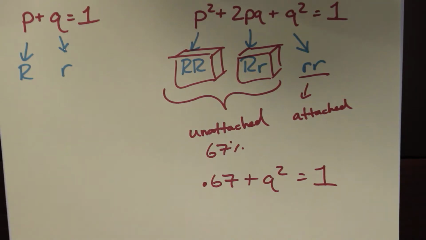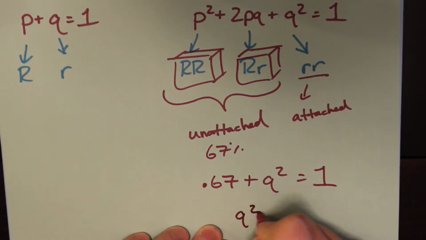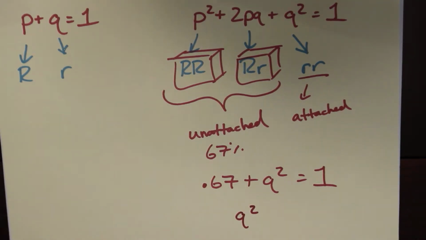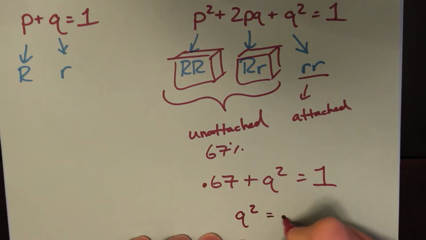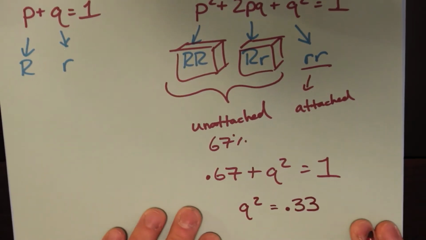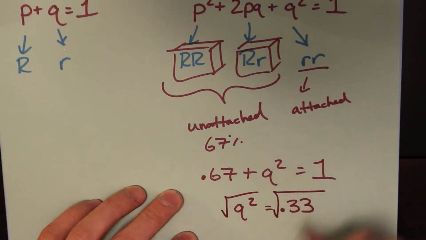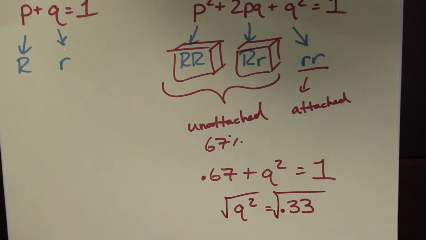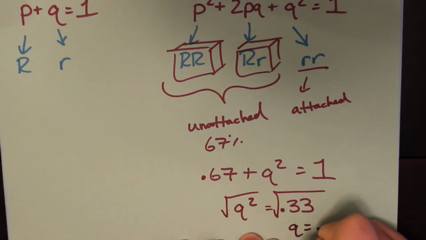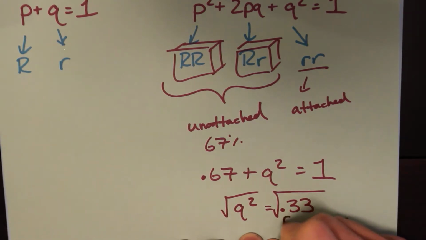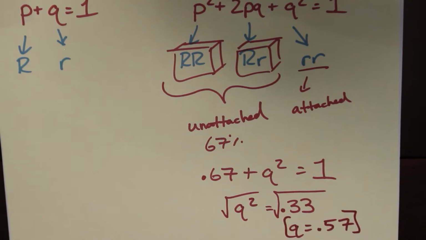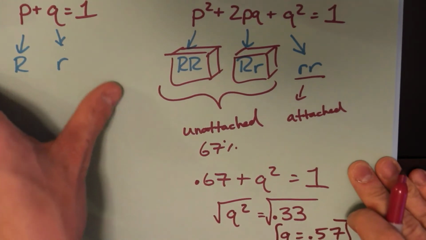Alright? So if we solve for q squared, you should get q squared equals 0.33. And then just like we did in the past, we can take the square root of each of those. And the square root of 0.33 is about 0.57. So we know q is 0.57. Alright, so now we have our q.